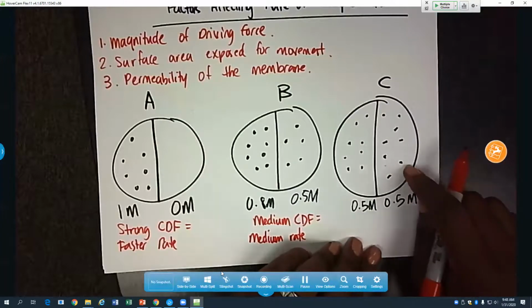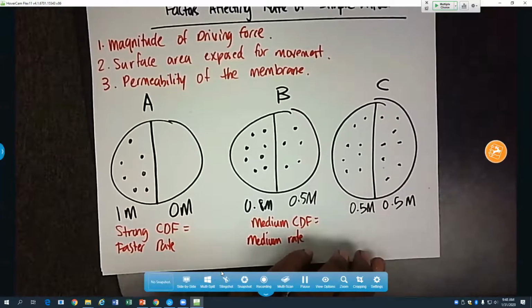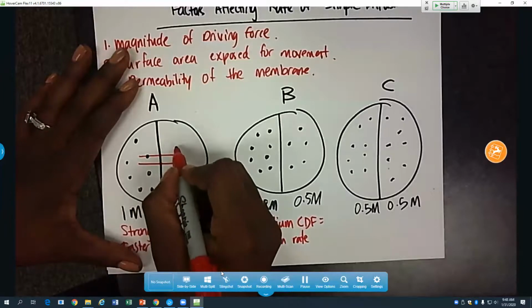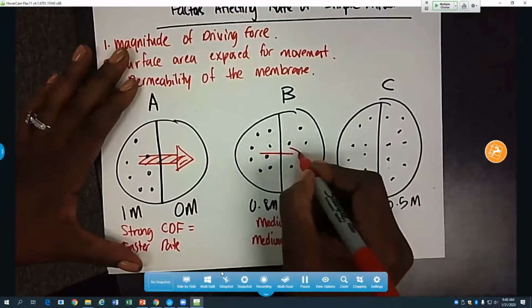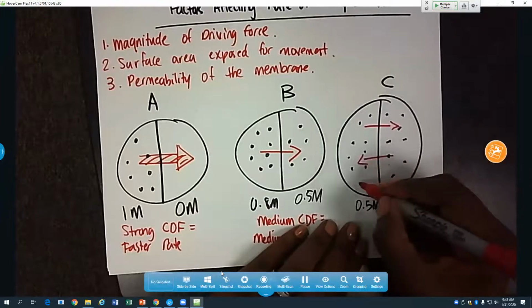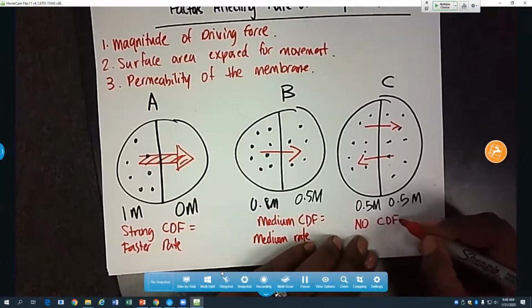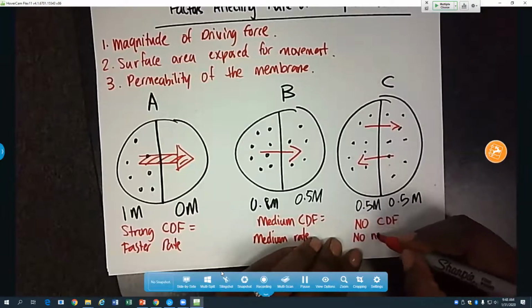And then obviously in scenario C, because we have equal solute concentrations, we have no net movement, we do have one-way flux, okay? So whereas here we have a strong movement this way, here we have a weak movement this way, here we can see that there is some movement back and forth, but no net movement, right? So there's no driving force. So we have no net force.